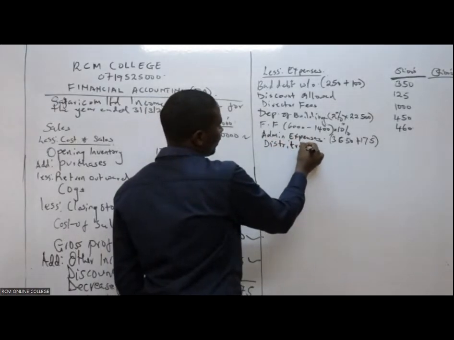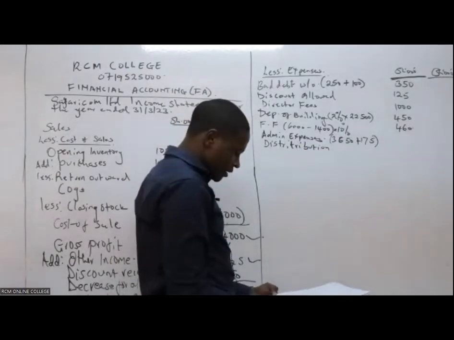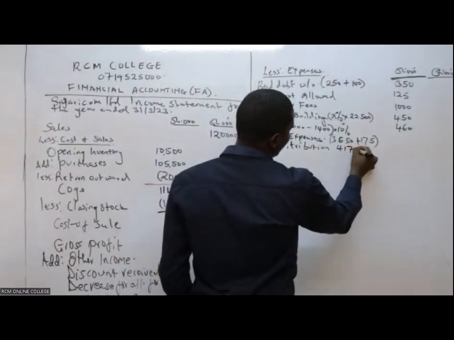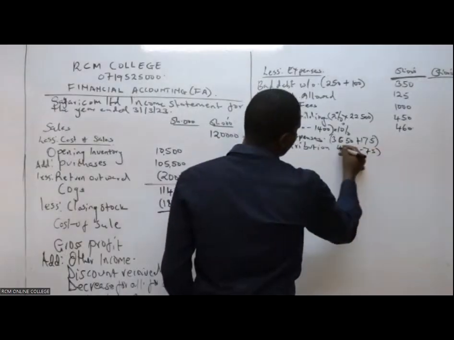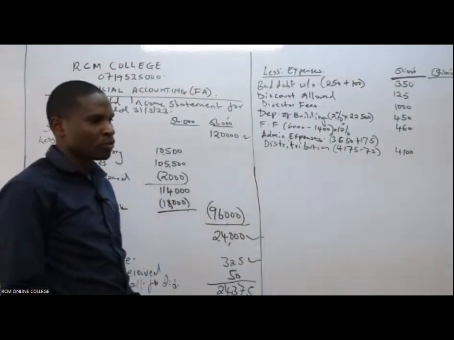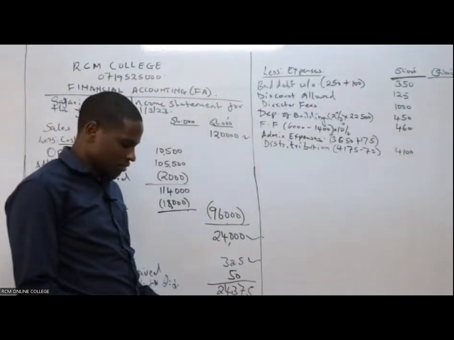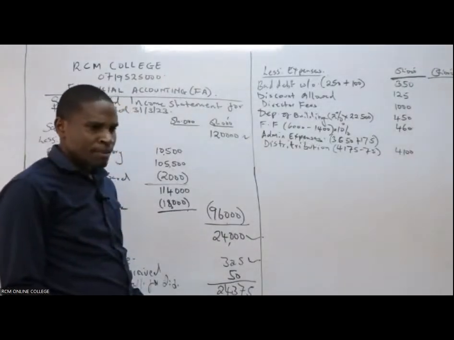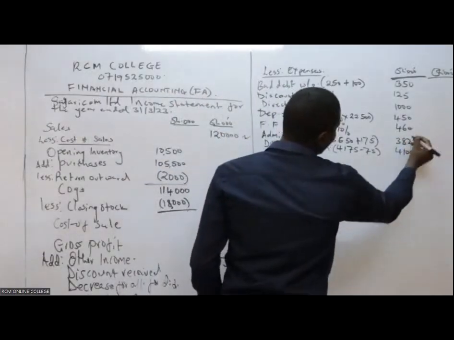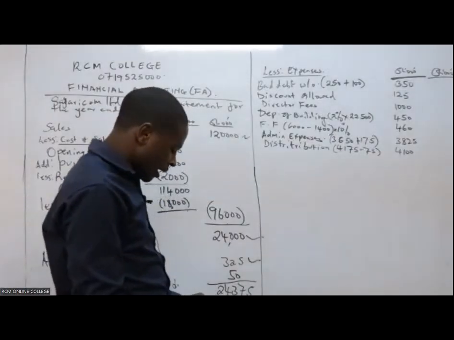Distribution, we had a prepaid, so we less. 4175 minus 75, that is easy. It will be 4100. So give me that of admin so that you are able to finish this. Admin is 3825. Taka tuende kwa balance sheet. You cannot leave that undone.